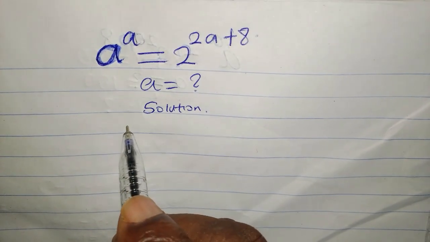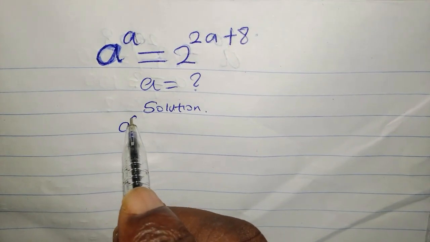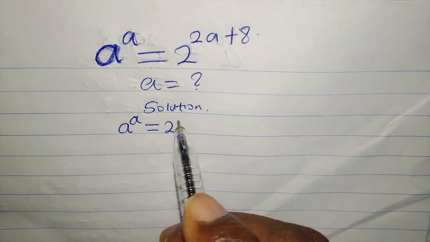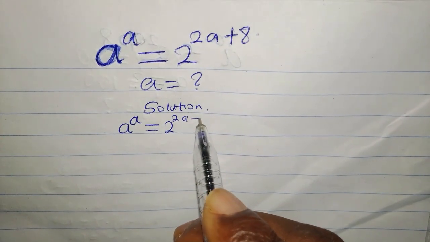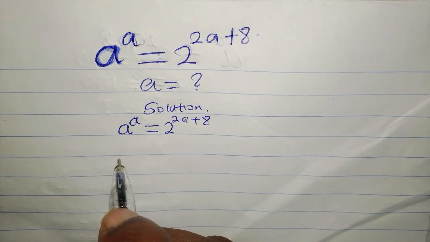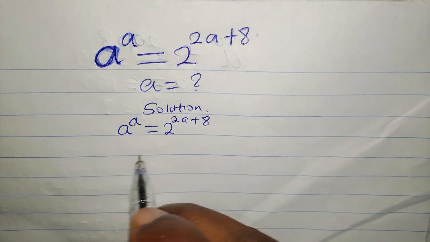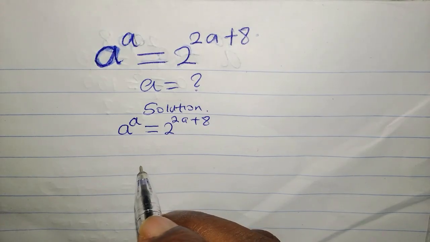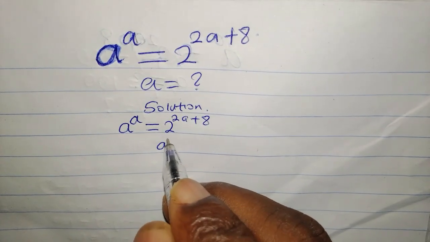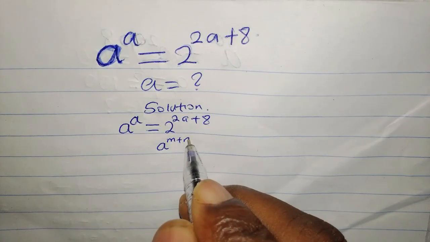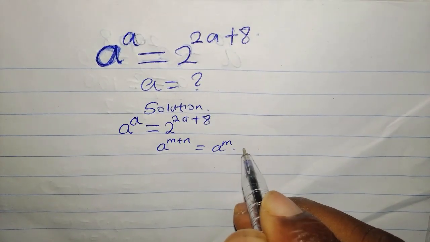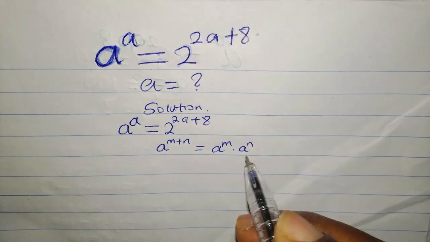Okay, we have a to the power of a equals 2 to the power of 2a plus 8. From the right hand side, we apply a rule which says a to the power of m plus n equals a to the power of m times a to the power of n.